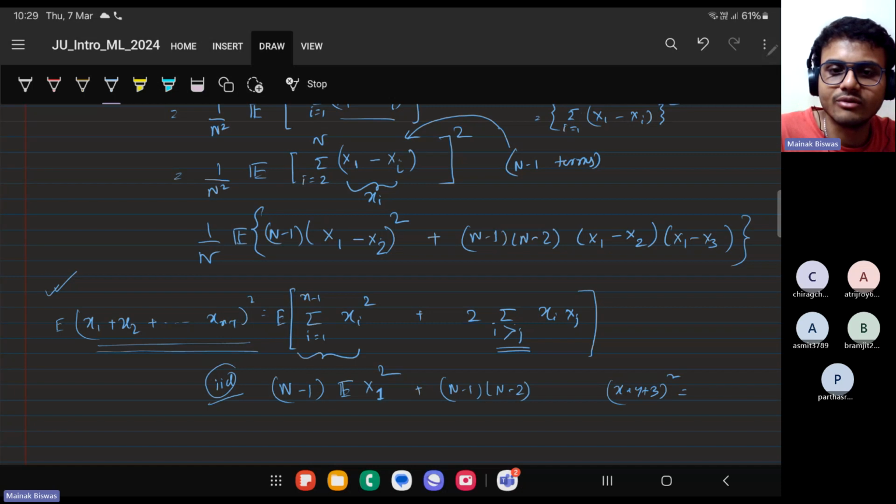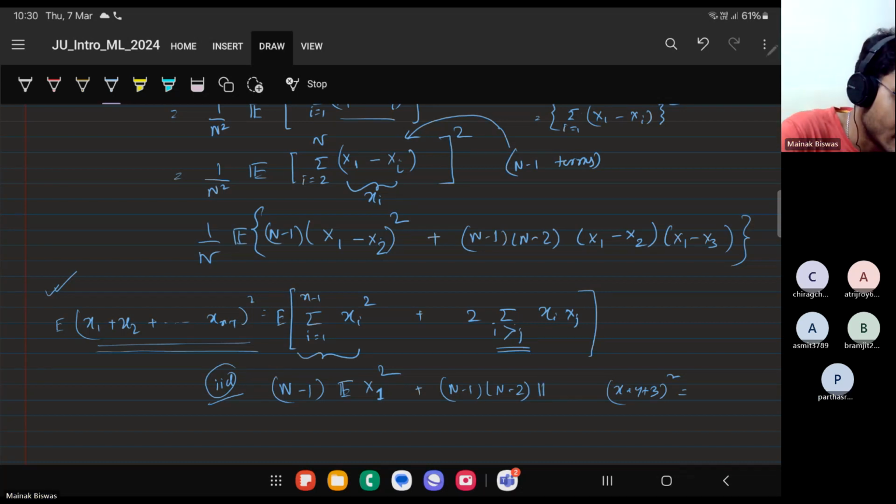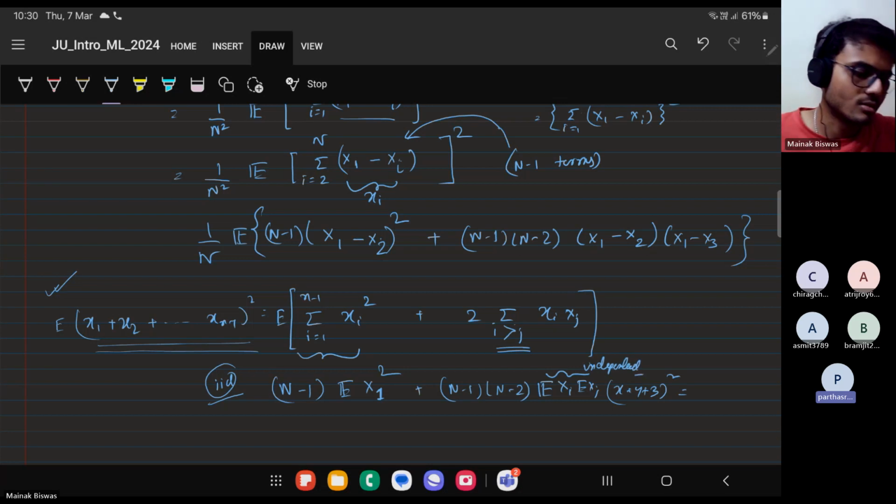How many terms will you have? Two terms. 2 into n choose 2, by linearity again. Expected value of xi into expected value of xj by independence, right? Yes, this is what I have written.